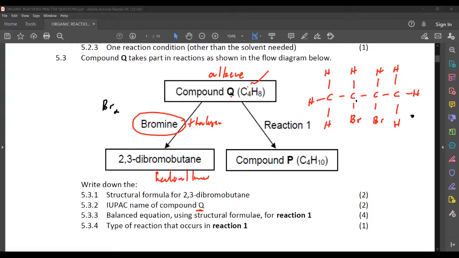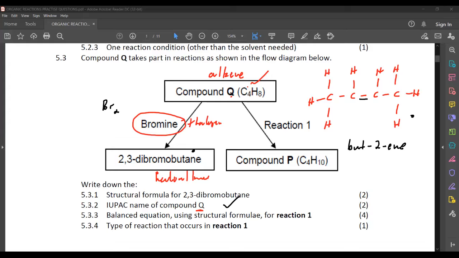I added them on this carbon and on that carbon. So before I added them, there must have been a double bond somewhere there. And there's my double bond. And the name of this one becomes but-2-ene. That's the answer for Q. But-2-ene. Just by looking at the structure of the product, I can tell what the reactant is.